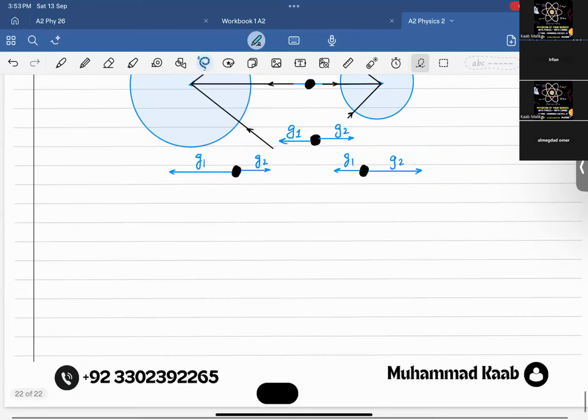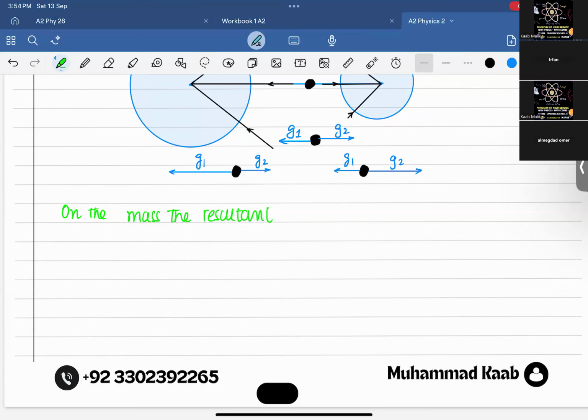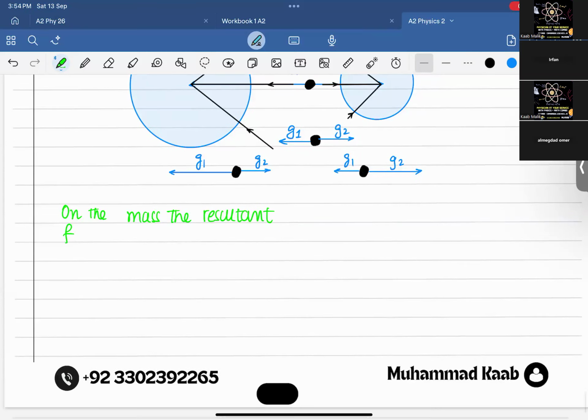So if I just write down the equation, on the mass, the resultant field will be given by this equation.